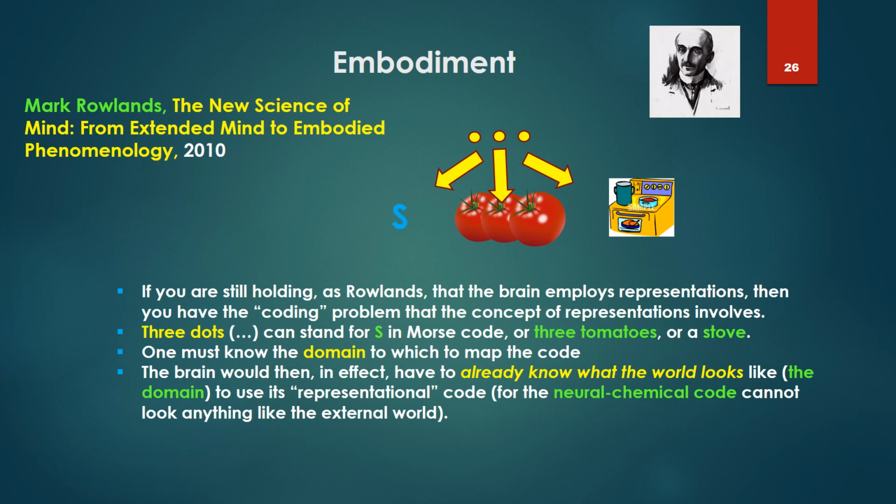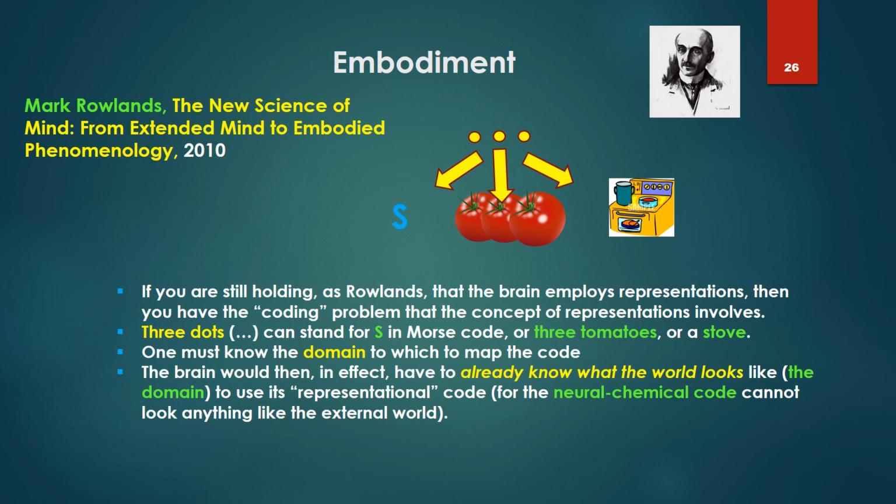And if you're still holding, as Rowlands does, that the brain somehow employs representations to do this image thing, then you're back to what I call the coding problem that the concept of representations involves. Remember, three dots can stand for an S in the Morse code, or three tomatoes, or just a stove. One's got to know the domain to which to map the code, the three dots.